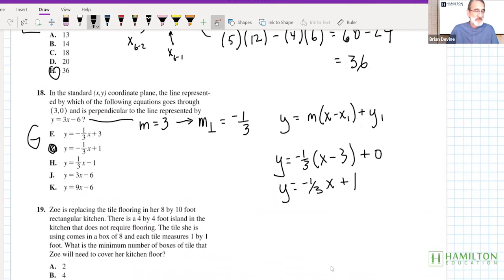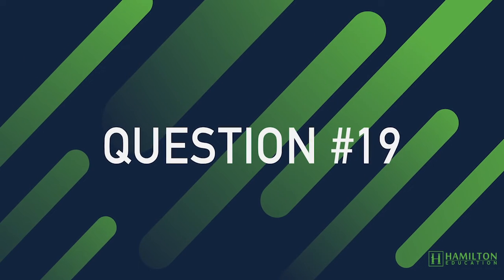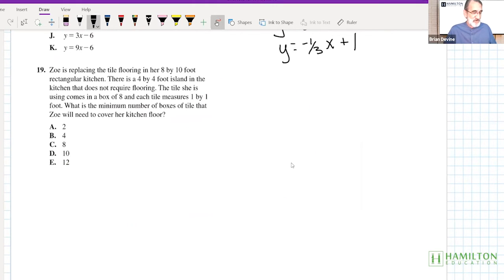For number 19, Zoe's replacing the tile flooring in her 8 by 10 foot rectangular kitchen. So she's got 80 total square feet in this kitchen. There's a 4 by 4 foot island in the kitchen that doesn't require flooring. So we're going to end up not covering 16 square feet.